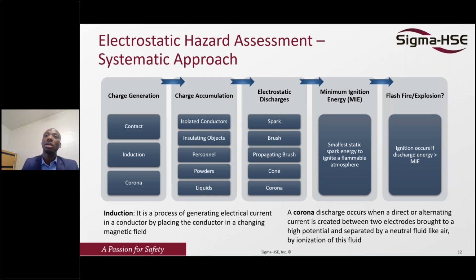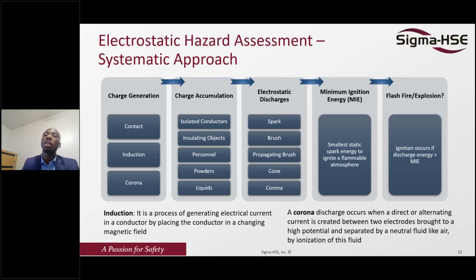We have personnel. The human body is generally a conductor of electricity, and if the human body is isolated, whatever charge is generated or accumulated in the body will continue to stay there. We also have powder. Normal powder that we handle can also accumulate charges. We also have liquid material, which can also accumulate, and we'll dive more into that very soon.